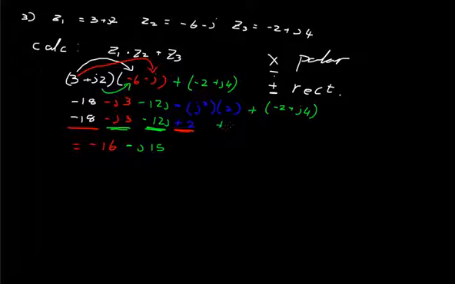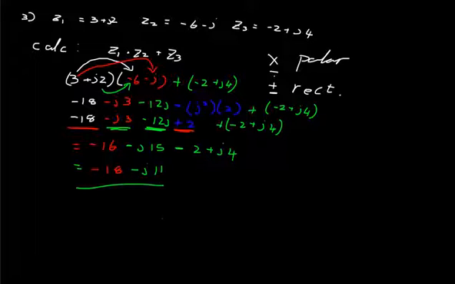Now let's finish adding the real and imaginary parts. Minus 16 minus 2 is minus 18, and minus j15 plus j4 is minus j11. There you go, that's your answer. Very simple.